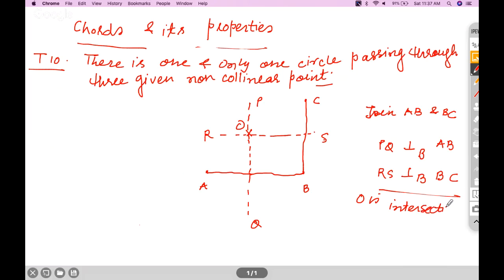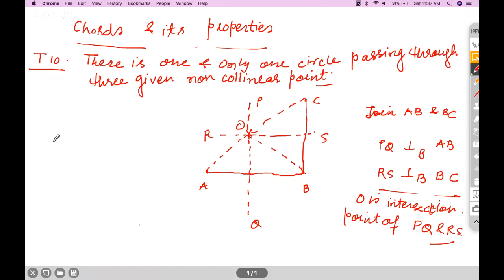So O is the intersection point of PQ and RS. Now what happens if I draw these lines? So I can say that OA is equal to OB, because any point on perpendicular bisector would be equidistant from the ends of that line, and similarly OB is equal to OC.